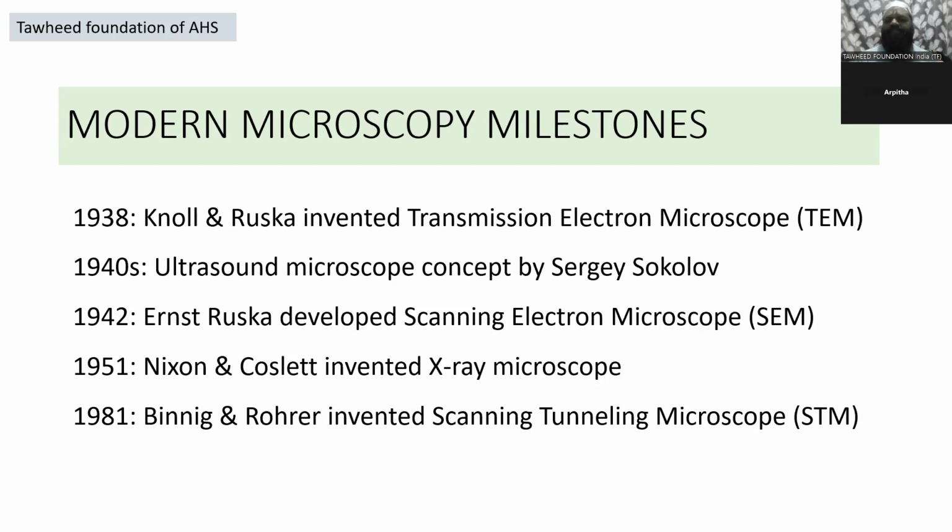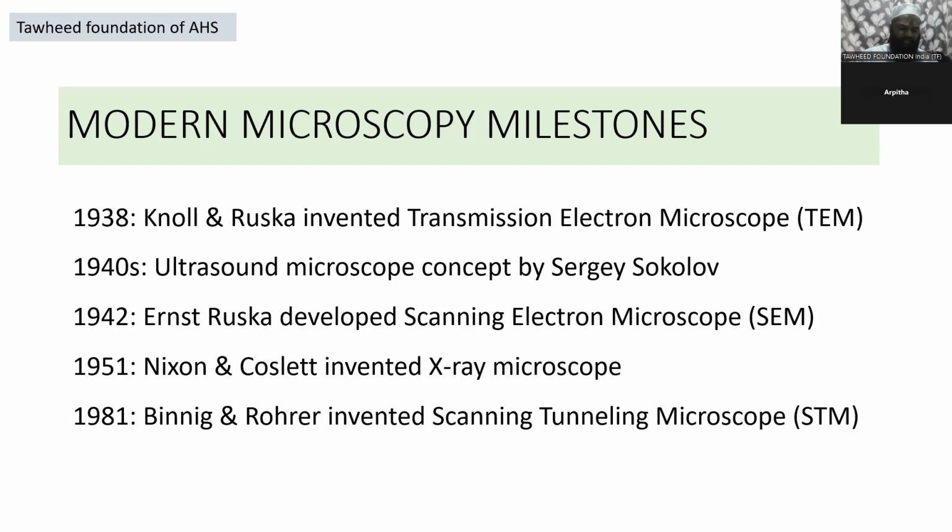In early 1940, Russian physicist Sergei developed concept of ultramicroscope, but only in 1970 it came into the working model. In 1942, Ernst Ruska improved this transmission electron microscope into scanning electron microscope. In this type, electron beams are passed across the specimen instead of passing through it as in transmission electron microscope.